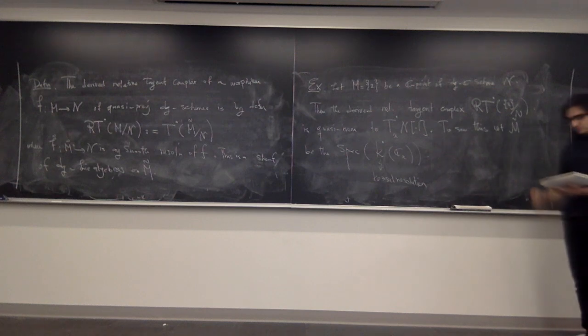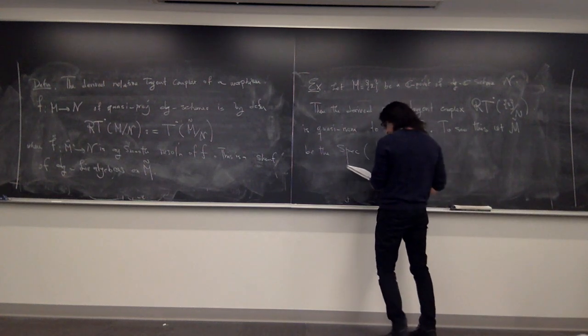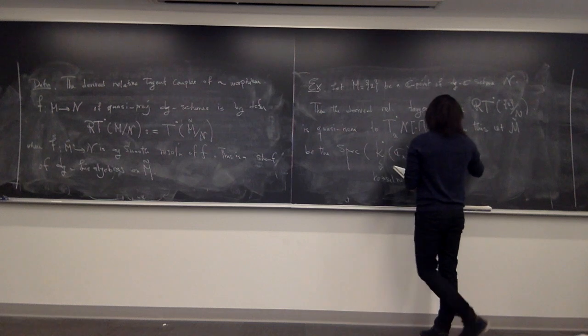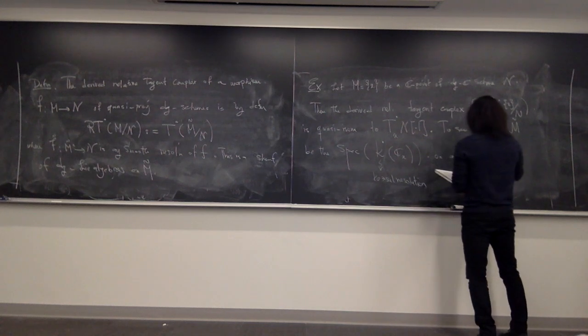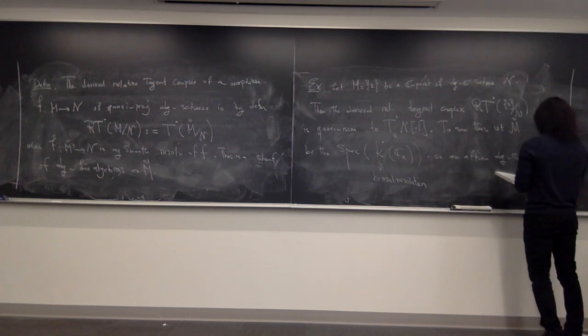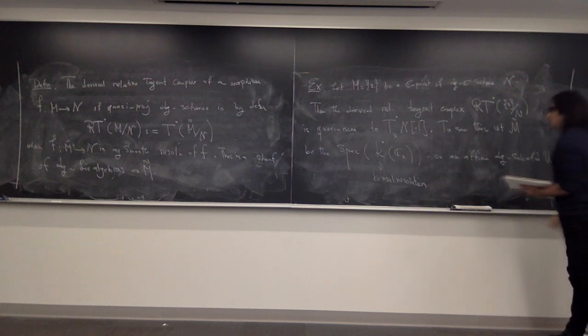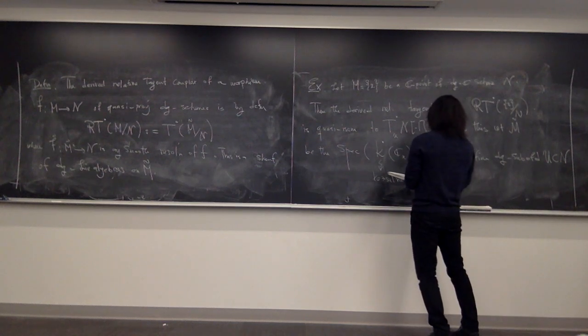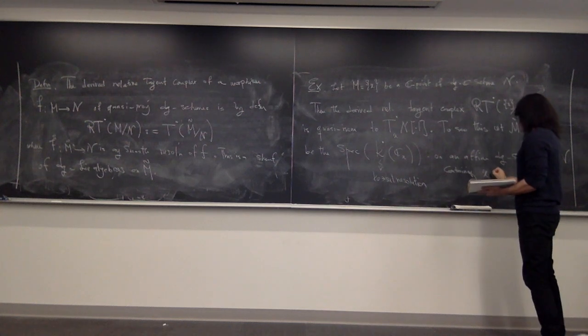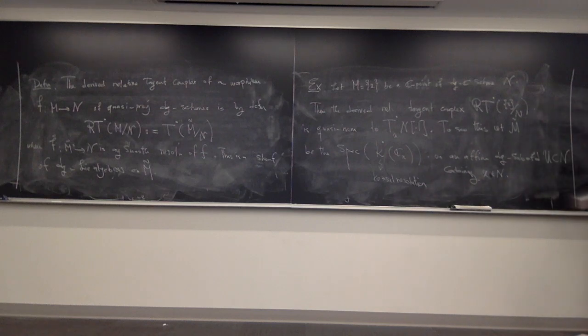Okay, this is the Koszul resolution. And this plays the role of this affine DG scheme. So let this be the spectrum of that on an affine DG submanifold U, which is a submanifold of N containing X in N. Then that actually gives you this.